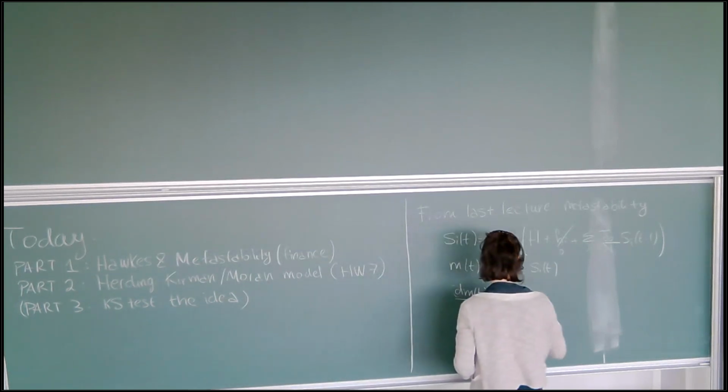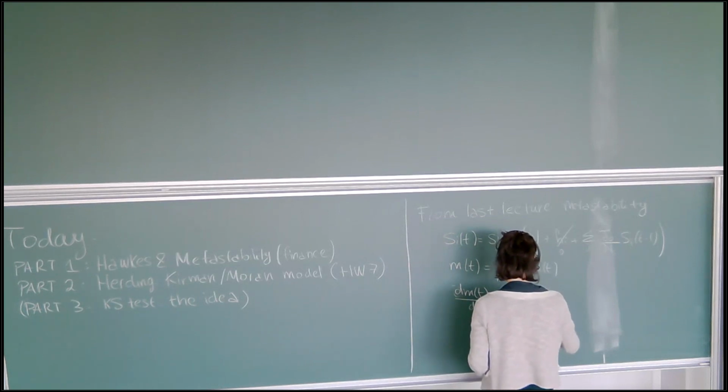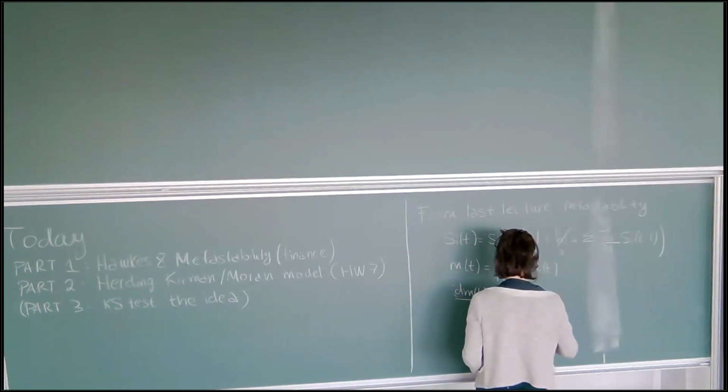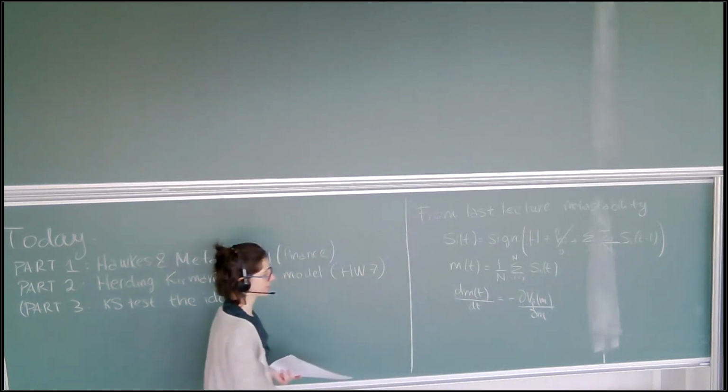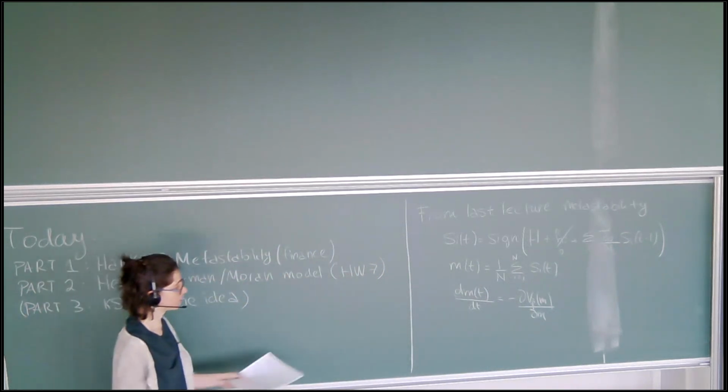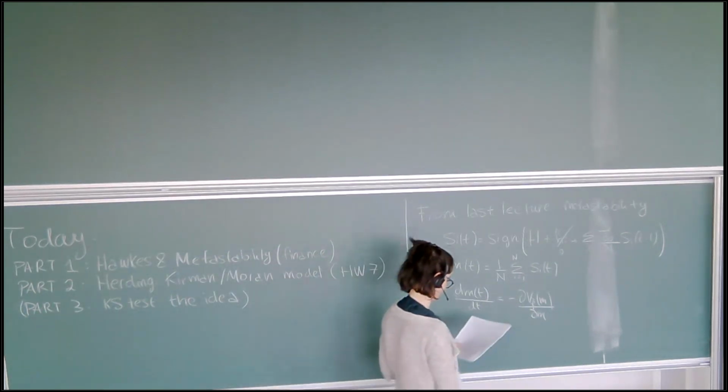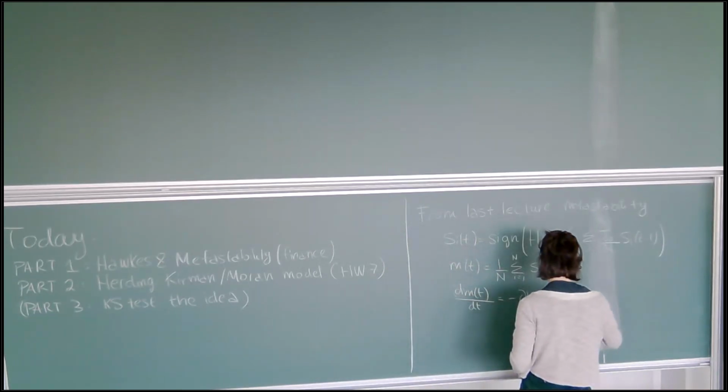So the first term, it was convenient to write it as a derivative of some potential, which depends on the particular value of magnetization that you have at time t. And then there was a noise term, which contains some coefficients.